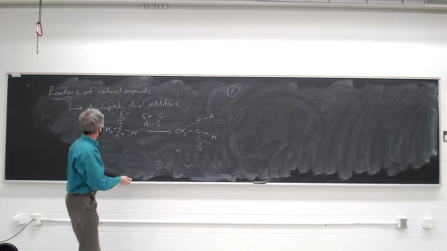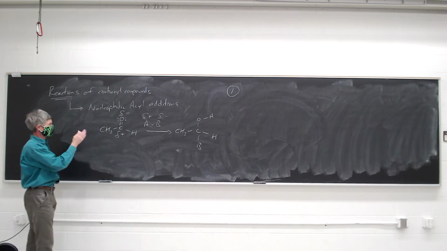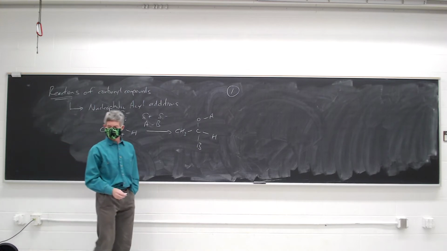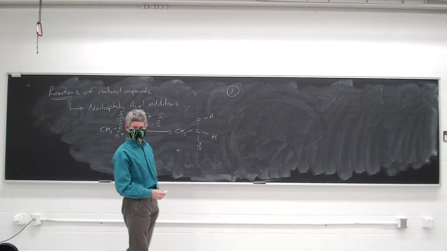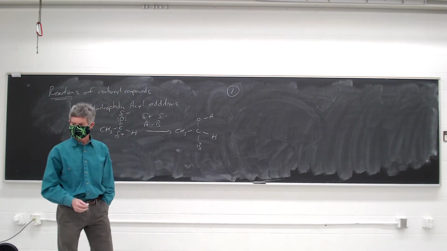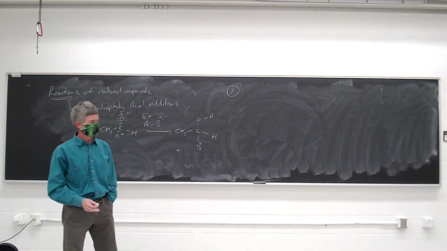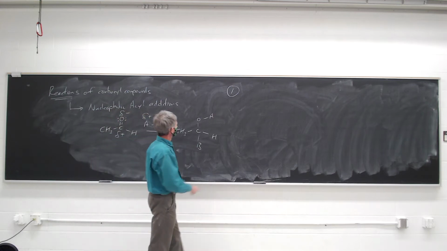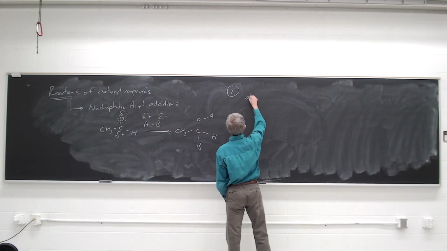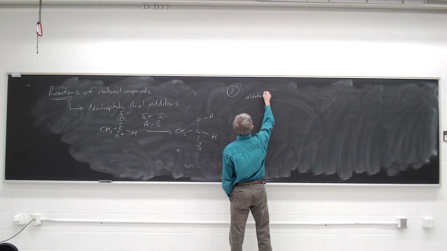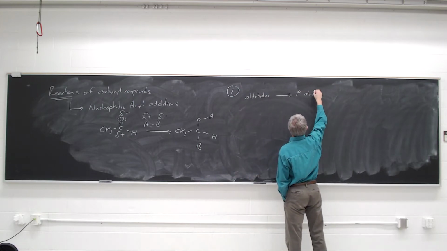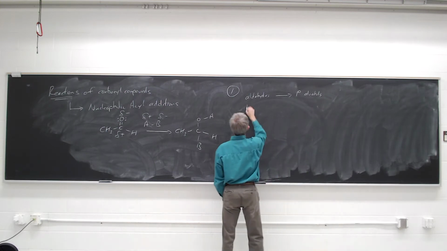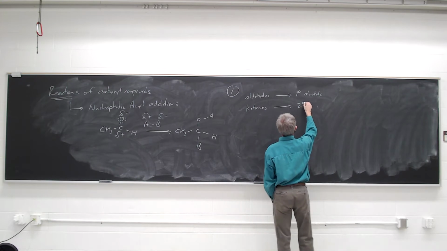So what are the two nucleophilic acyl addition reactions that we covered last semester? I think there was one that turned it into an alcohol. Yep, so aldehydes to primary alcohols, ketones to secondary alcohols.